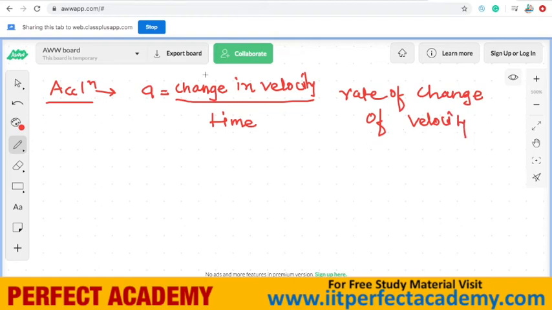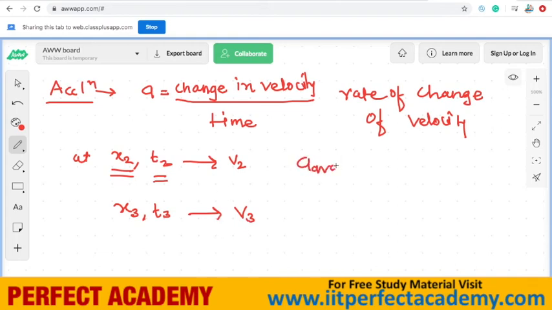Now, from the previous case, if I know that at position x2 and time t2 the velocity is v2, and at position x3 and time t3 the velocity is v3, then I can find the average acceleration by v3 minus v2 divided by t3 minus t2.